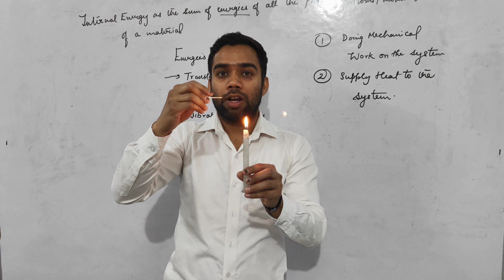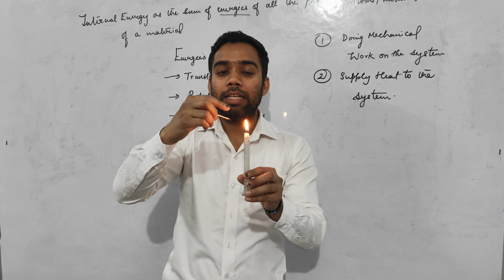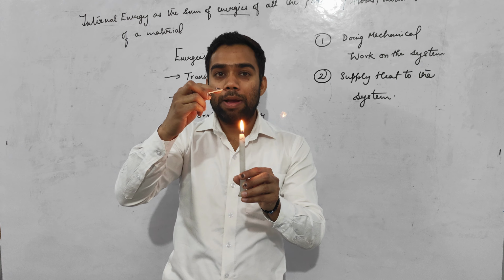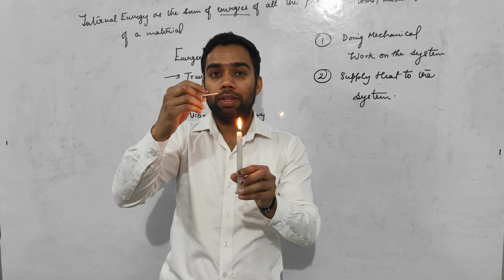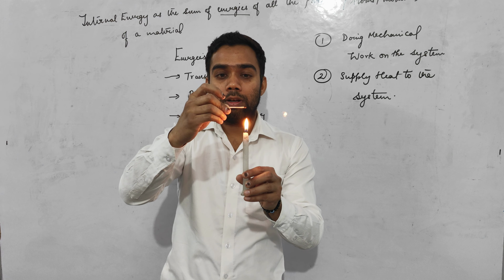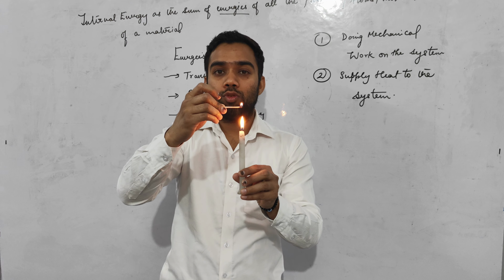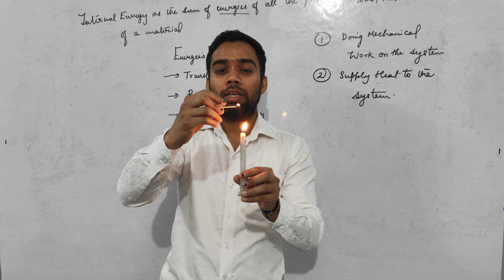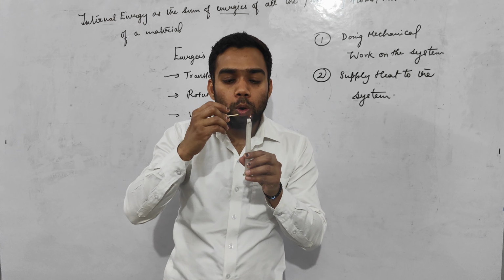Because of this transfer of energy due to the temperature difference, which we call heat, the heat is flowing from the flame to the chemical in the matchstick, and because of the increase in the internal energy of the chemicals, the matchstick will catch fire, like you see here. So there's a transfer of heat from the flame to the matchstick, which is responsible for the starting of the chemical reaction and the burning of the stick.